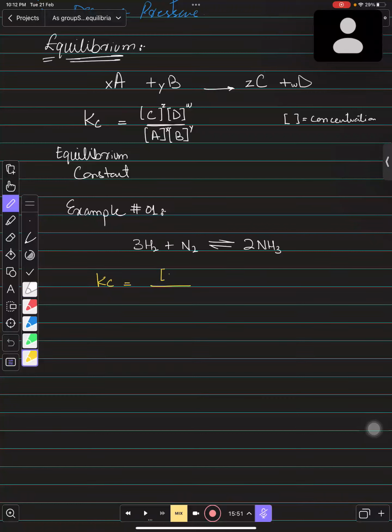So the concentration of ammonia gas raised to the power of its coefficient, which is 2 right now, over the concentration of hydrogen gas and nitrogen gas raised to the power of their coefficients. So you can write the expression like this. Right, bacho? Got the point?